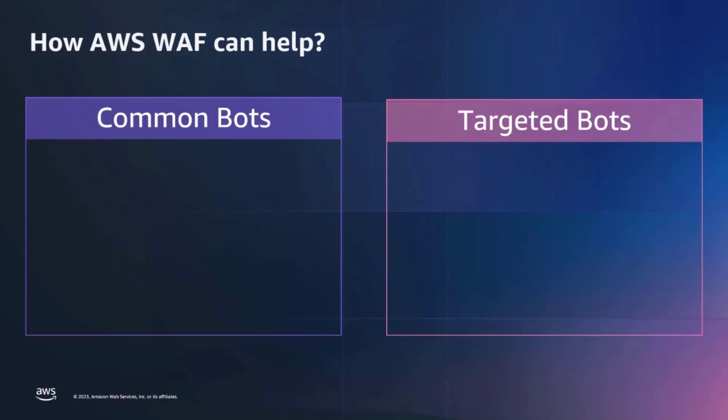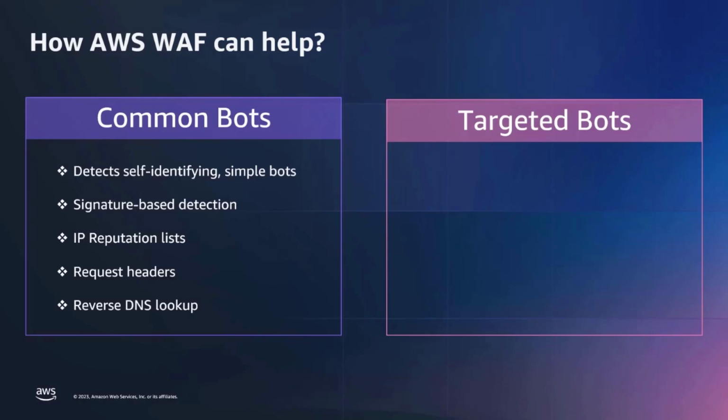A bot control managed rule group provides a common protection level that adds labels to self-identifying bots. These are your good bots. It verifies generally desirable bots and detects all these bots with a high confidence bot signature.